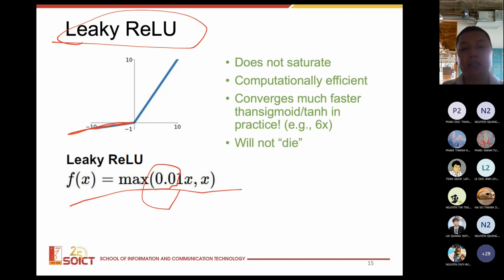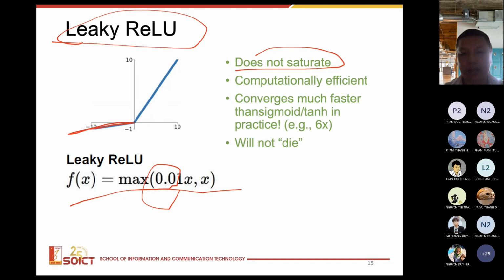So in that case, you see the function here is not saturated, even when x is small or positive, right? And you still have the computation efficiency of the ReLU function, because the mathematics is so simple, even the derivative is so simple, right?